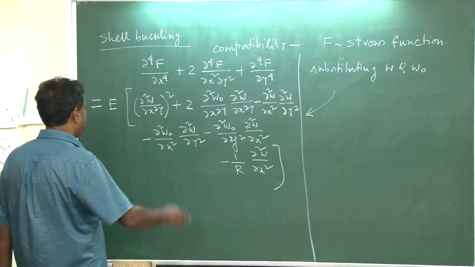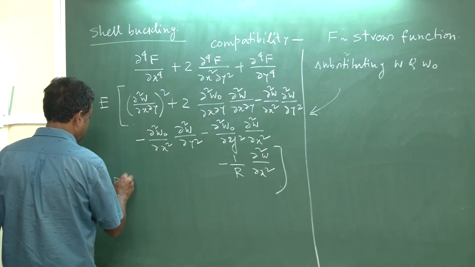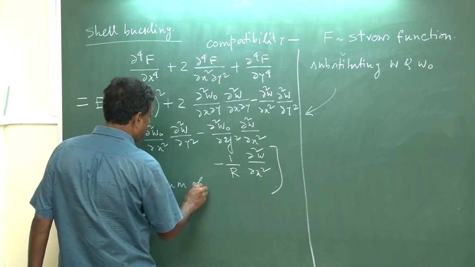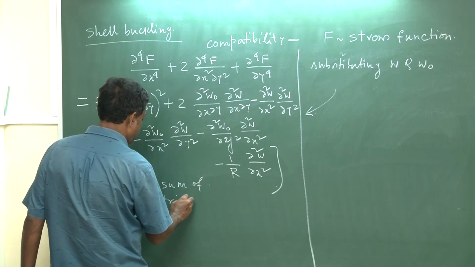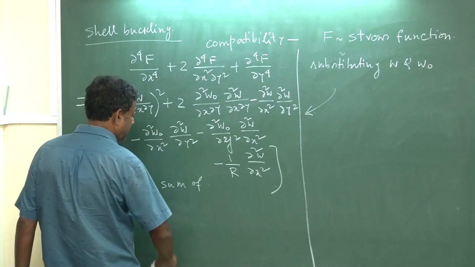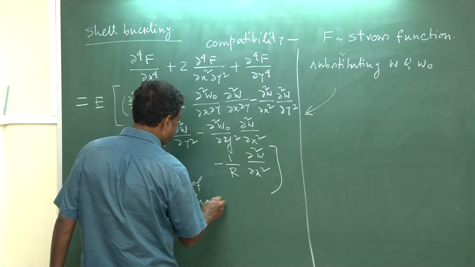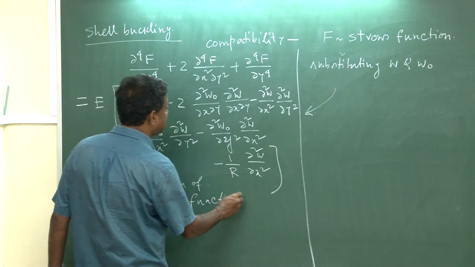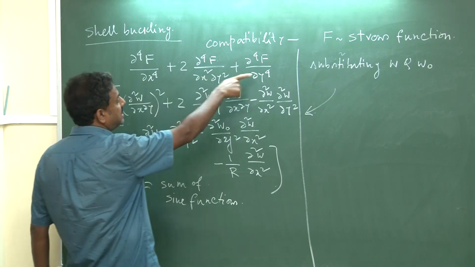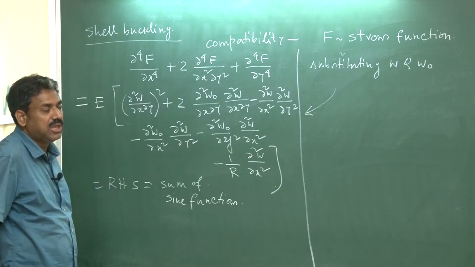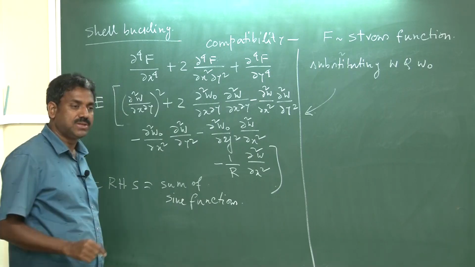So, what we see is that the right hand side is a sum of trigonometric functions, sums of sine and cosine functions. If it is a sum of sine functions, then you can see this is a linear differential equation, and a fourth order differential equation. Thus we can assume a series solution.